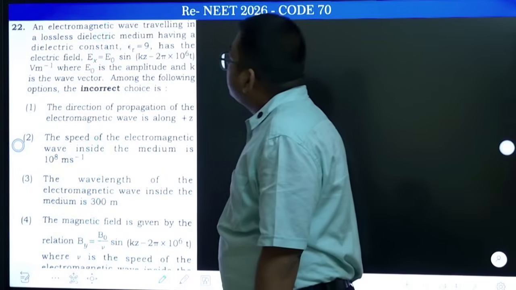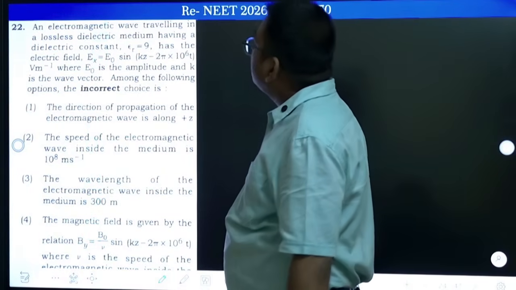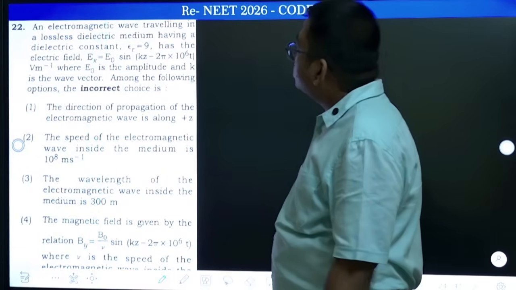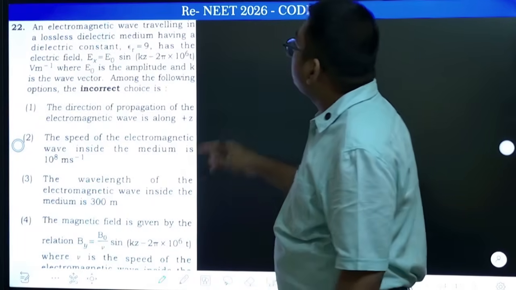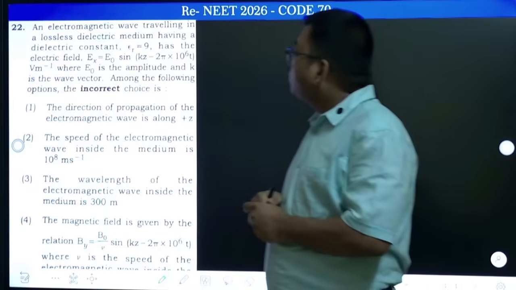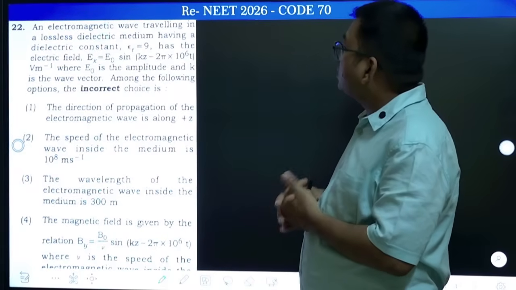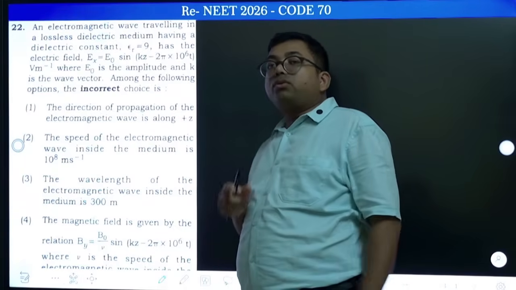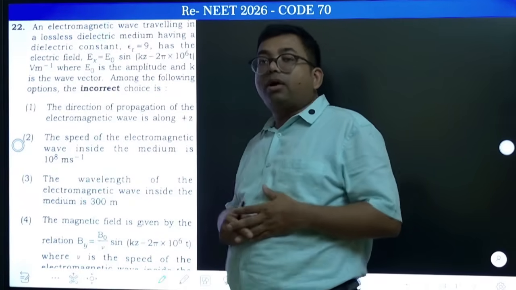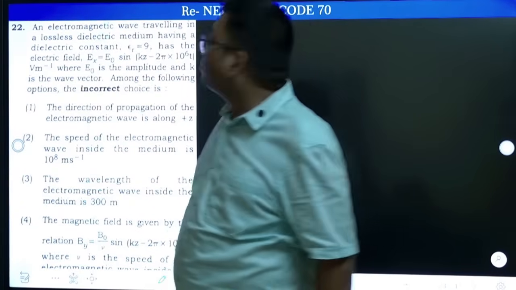An electromagnetic wave traveling in a lossless dielectric medium having a dielectric constant has the electric field they have given. Among the following options, choose the incorrect one. The direction of propagation of the electromagnetic wave is along... How do you know the direction of propagation? From the phase only we will know.